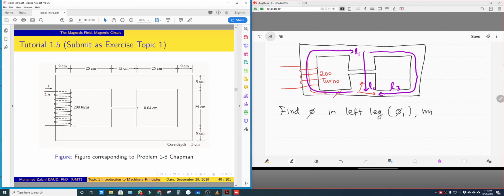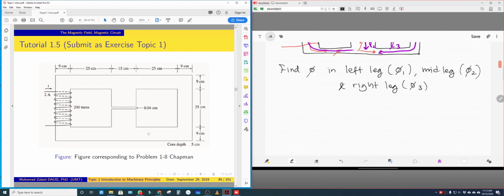Mid leg, which is phi 2, and right leg, which is phi 3. So we want to find the flux first, then we want to find the flux density.